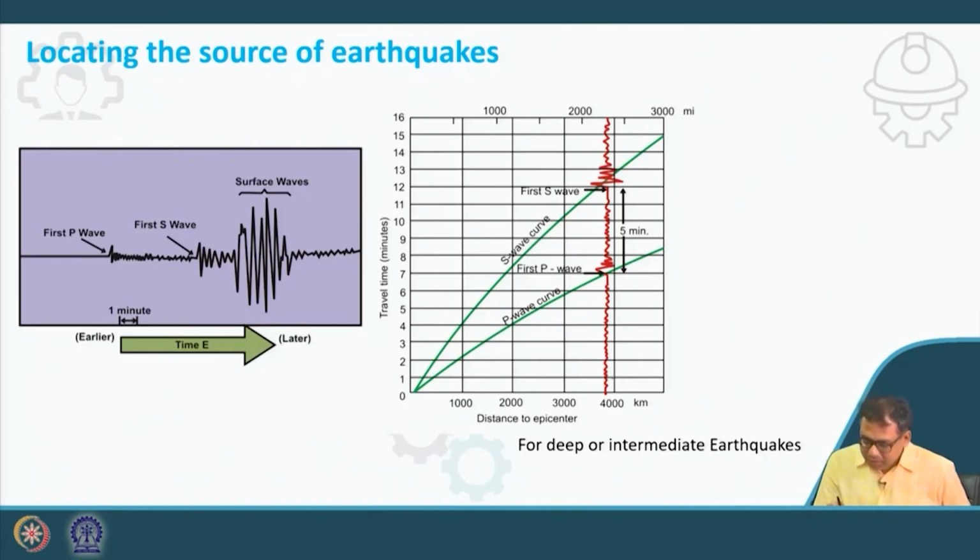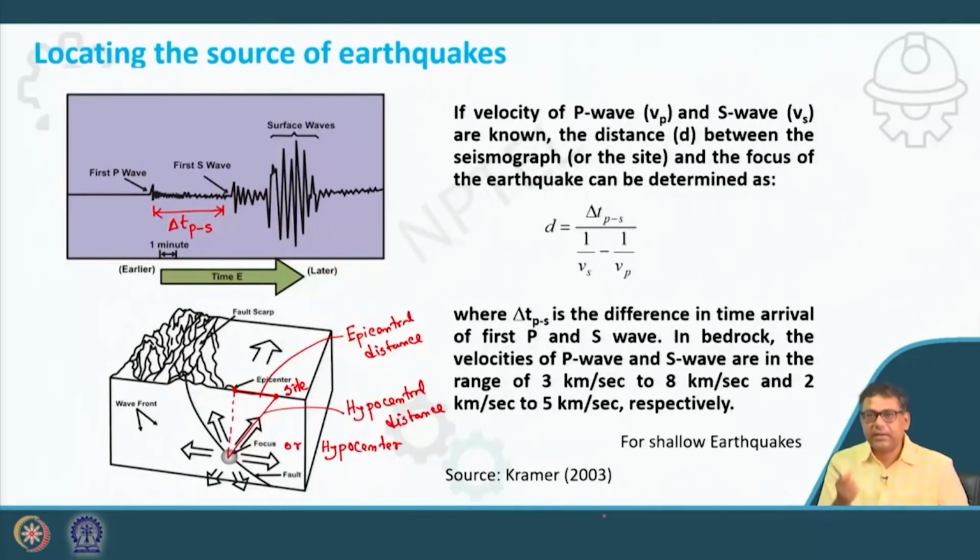Okay. But if I use one particular reading, whether by this method or this method, from one seismograph, then I will get the distance but not the direction, because there may be infinite directions from where the earthquake could have come. I know the distance, but I don't know the direction.